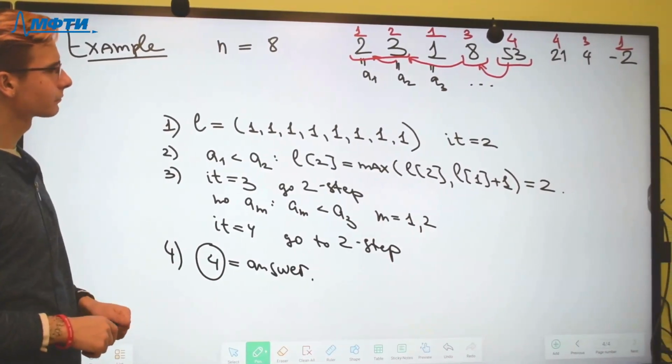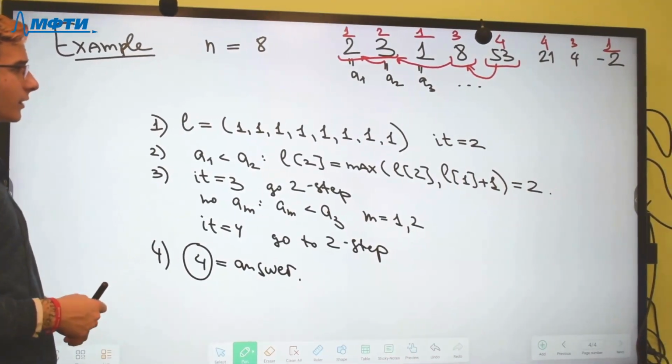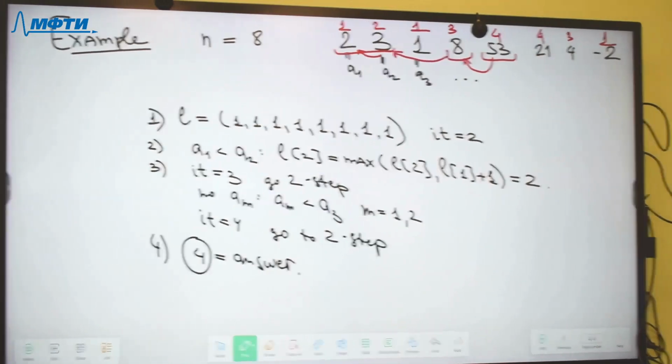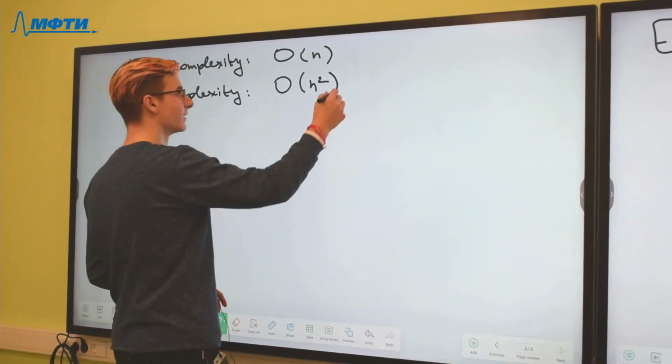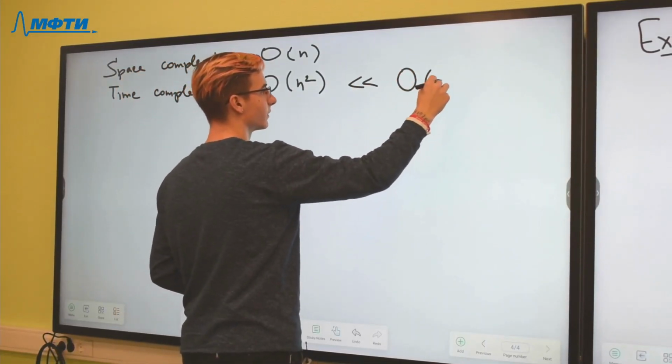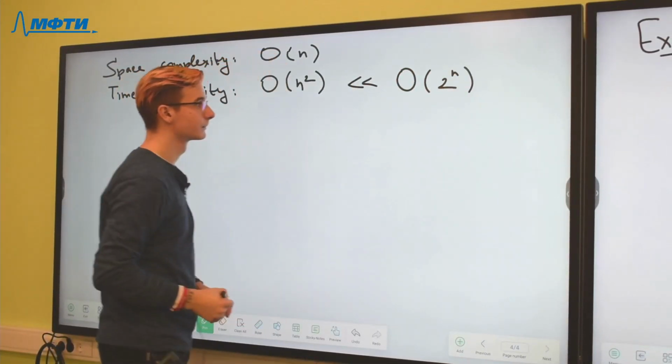So it's asymptotically n square. Of course, it's better than 2 power n.